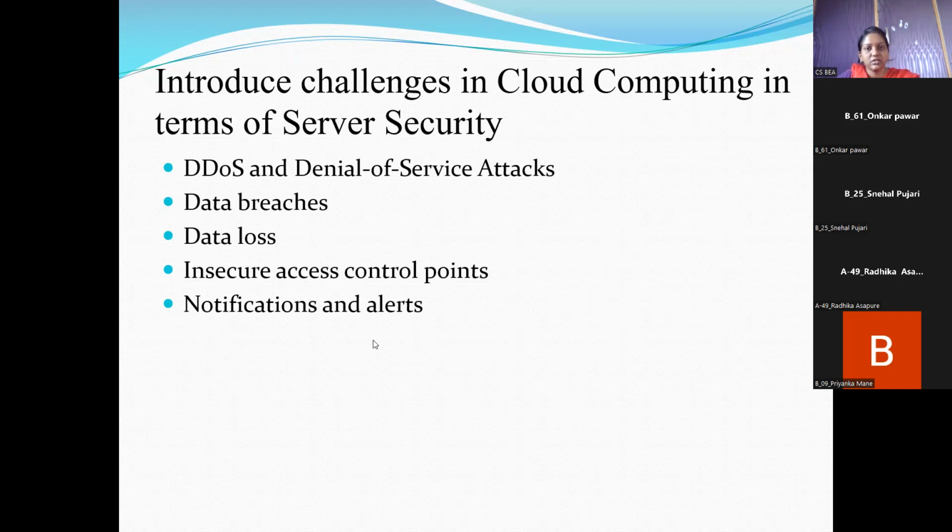Whatever data losses and data breaches are there, you have to properly manage and minimize. As the record says, around 738 cases of account hacking and hijacking were found in the year 2014.